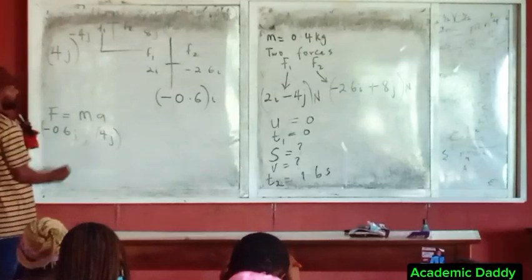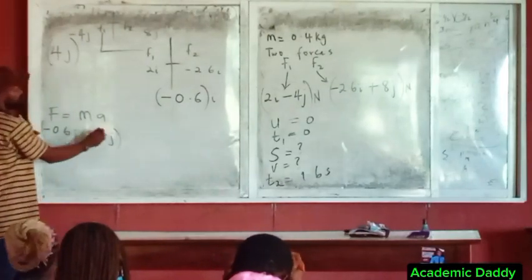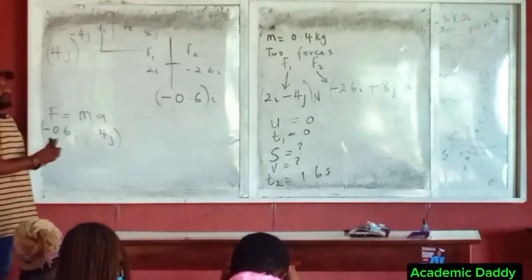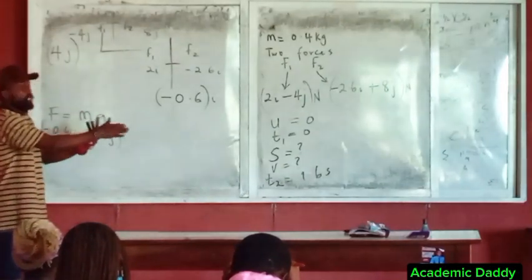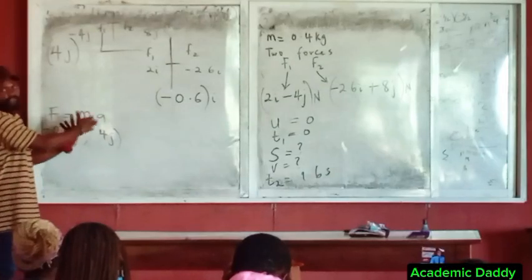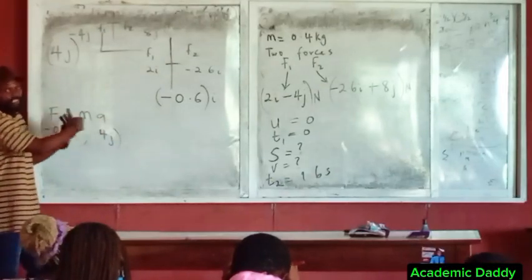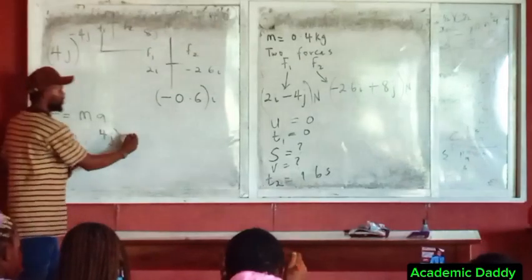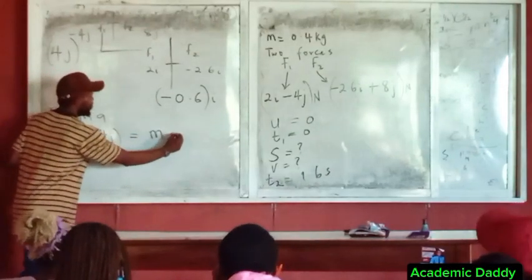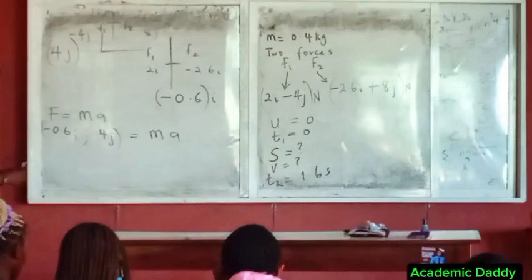Let me just use a comma to show that this is i, this is j. I've not started doing the resultant. I want to first of all find the force in i, have it in j. Let me find the position in i, find it in j. Find the velocity in i, find it in j, before I now add up. It's very important. So F is equal to ma. And they gave me that my mass is what?